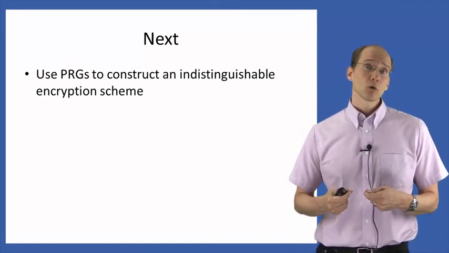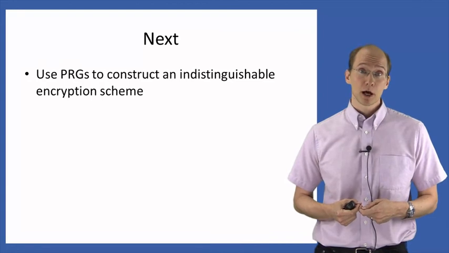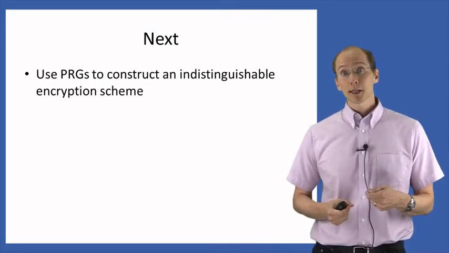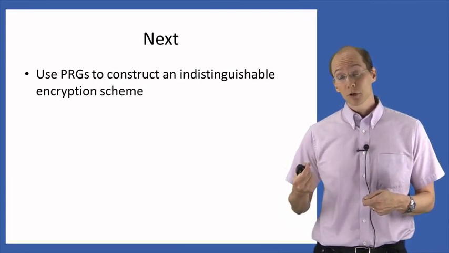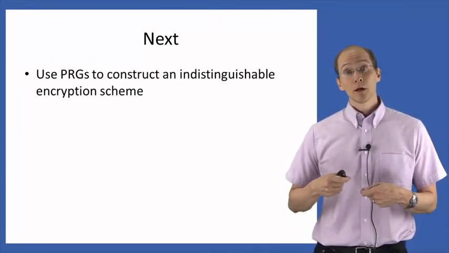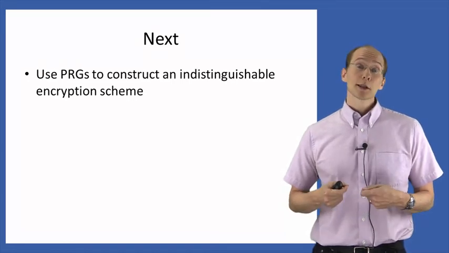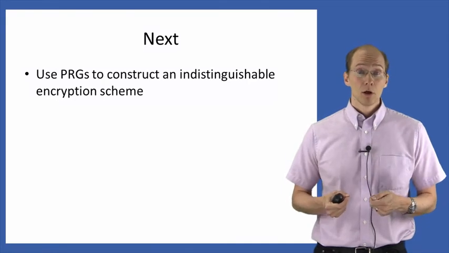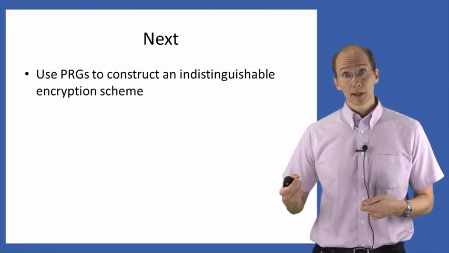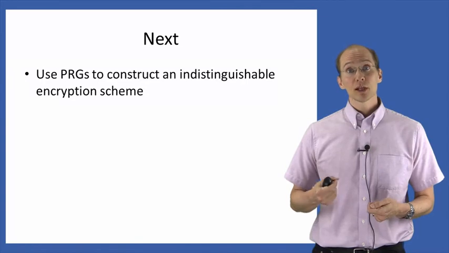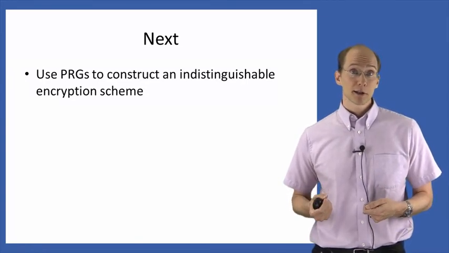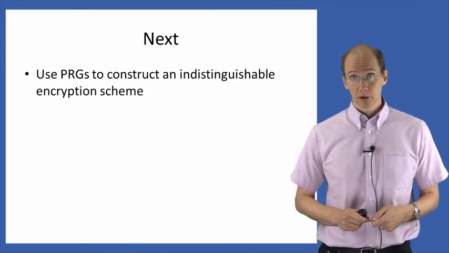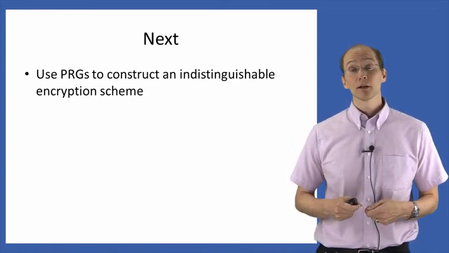If you recall our discussion of the principles of modern cryptography, remember how we talked about the importance of assumptions, and of using those assumptions to come up with constructions that we can prove secure. This will be an example of that. We'll start with the assumption that some G is a pseudorandom generator. We'll build from that an encryption scheme, and then we'll be able to prove that the encryption scheme satisfies our definition of security under the assumption that the G we started with is indeed a pseudorandom generator. And we'll see exactly how that's done in the next two lectures.